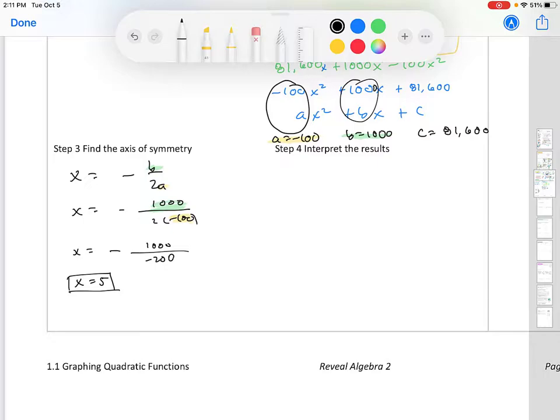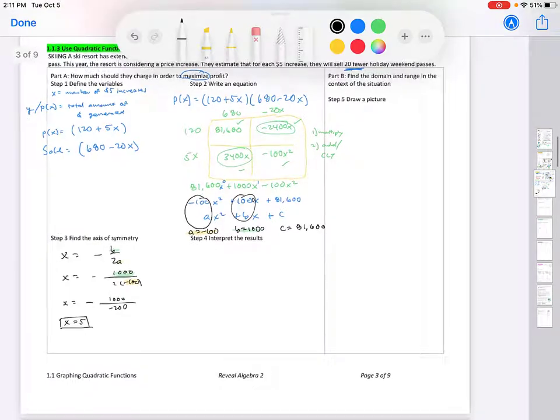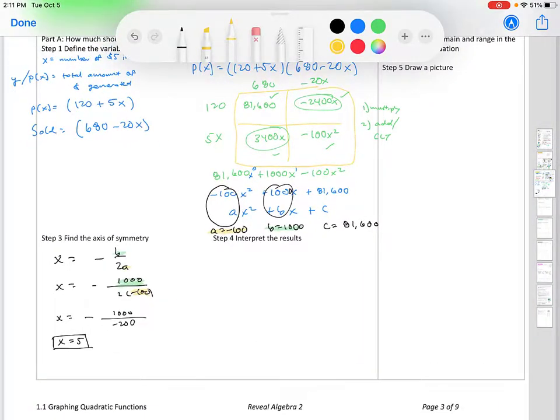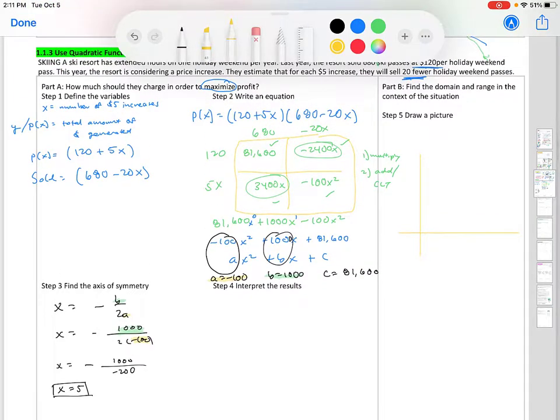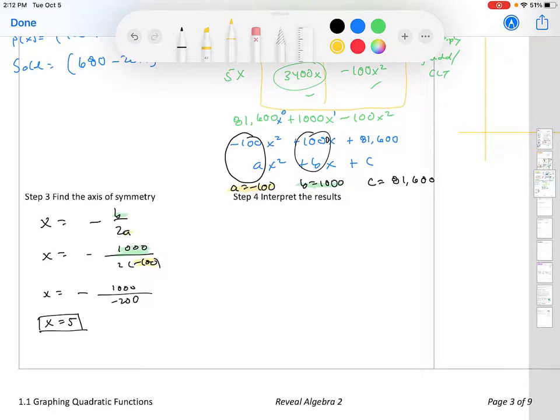Okay, now it says interpret the results. Before I do that, I'm going to jump over here and just draw a picture. Whoops, I forgot my little trick. Hold it down and it makes a straight line. Okay, in my graph, there's a couple of things I should notice. First, I didn't get an ordered pair yet, so let's do the function notation of interpret the results.